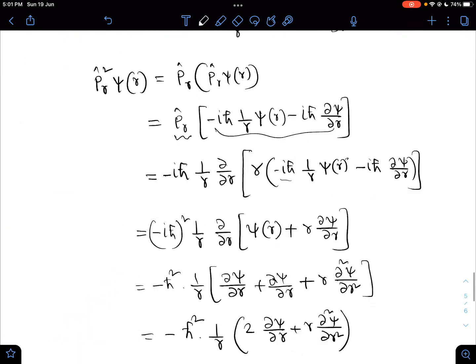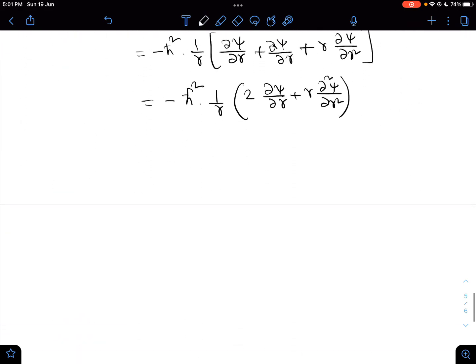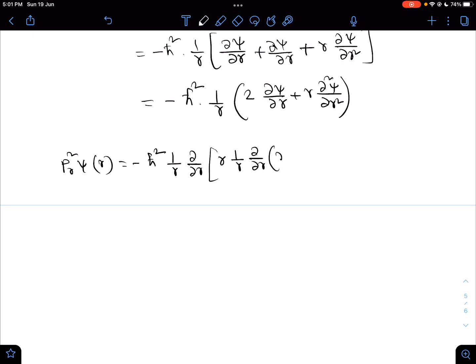So let us do one thing. For P_r squared psi(r), we write our first P_r squared as minus h cut squared 1 by r d/dr, and here we will have r, then 1 by r d/dr of r psi. If we have this, then we have minus h cut squared 1 by r del squared by del r squared of r psi.